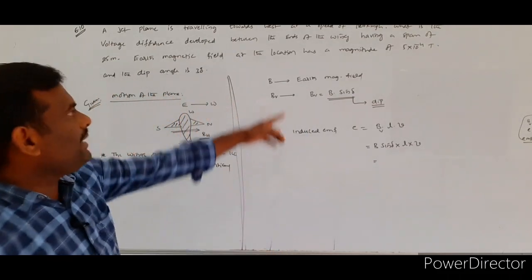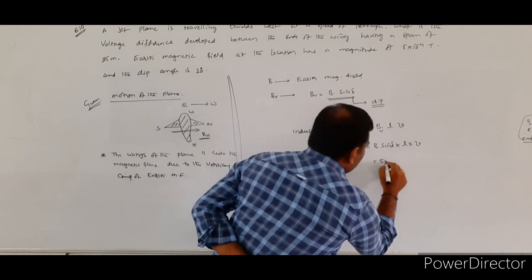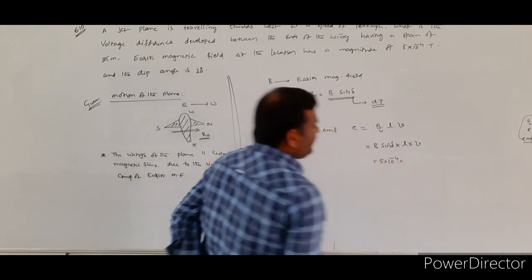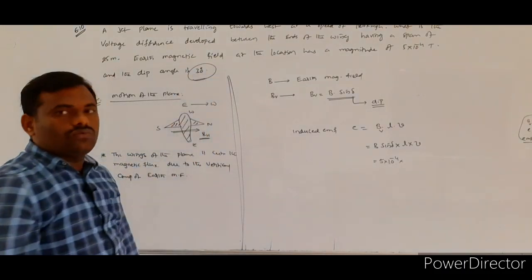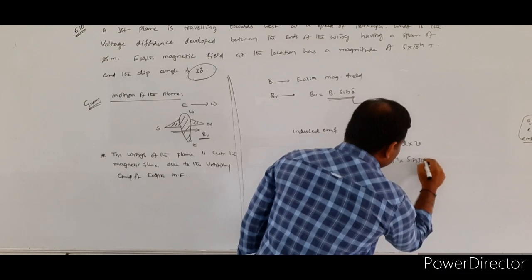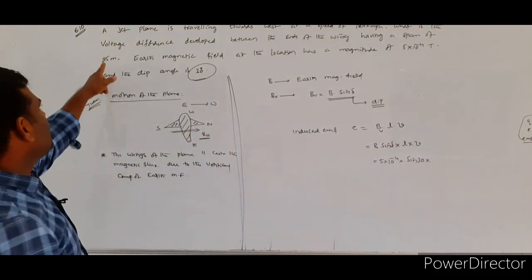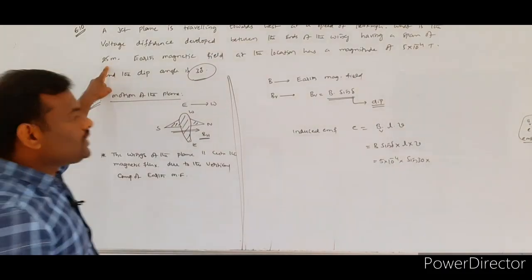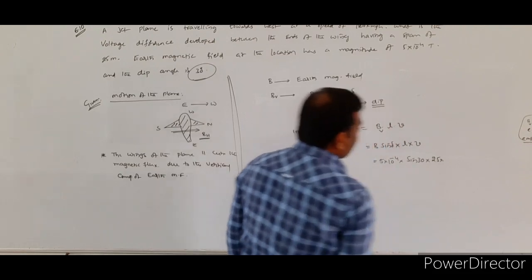Here they mentioned the earth magnetic field intensity is 5 into 10 power minus 4, and the angle of dip is 30 degrees, so sin 30. The length of the wings is given as 25 meters, so L is equal to 25 meters.